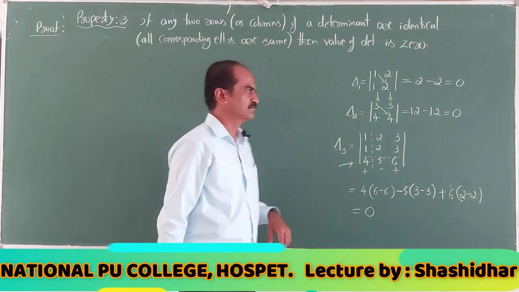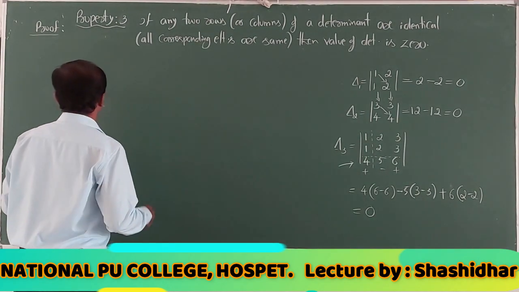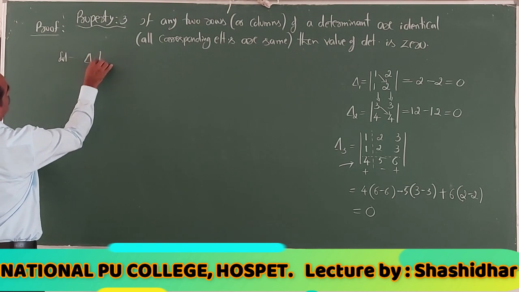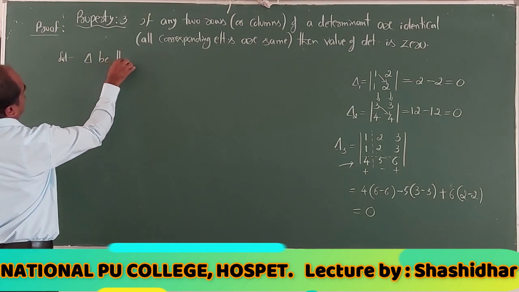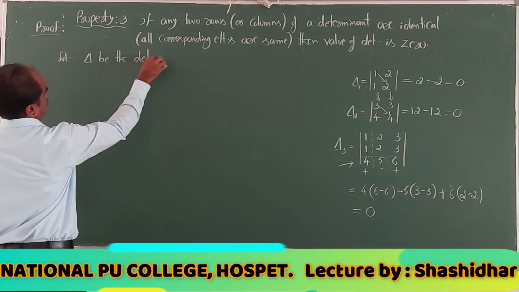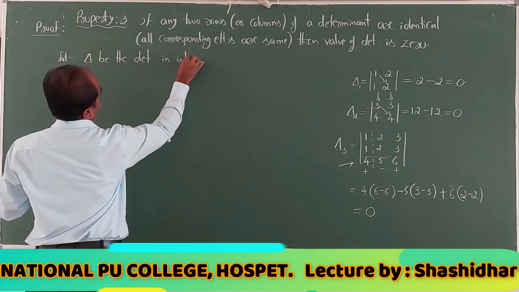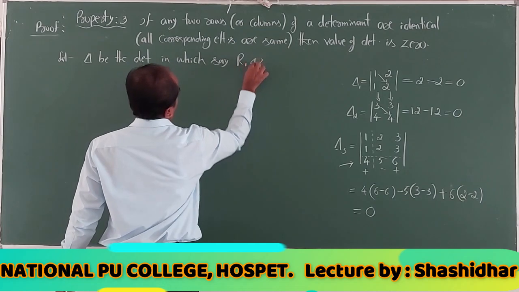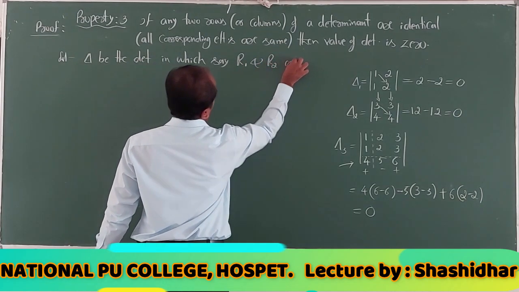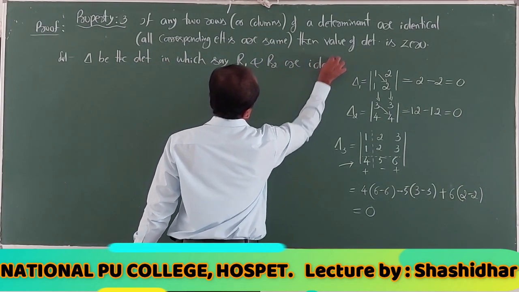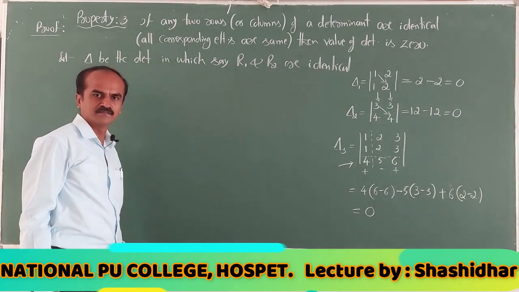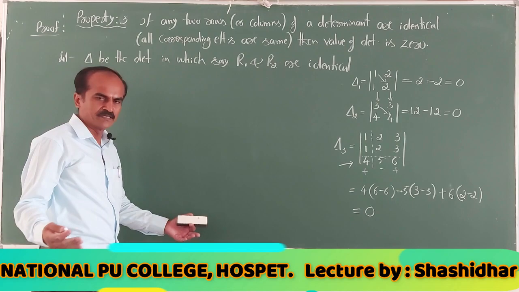Now let me prove it by taking a general determinant. Let delta be the determinant in which, say, R1 and R2 are identical. Need not always be R1 and R2 identical, any two columns or any two rows.